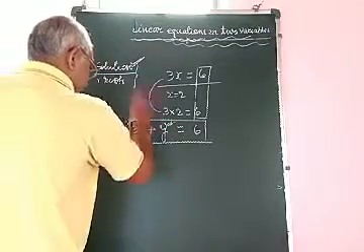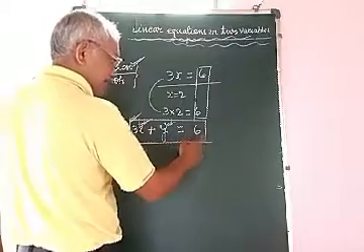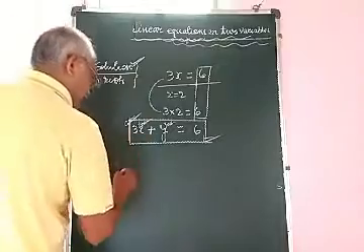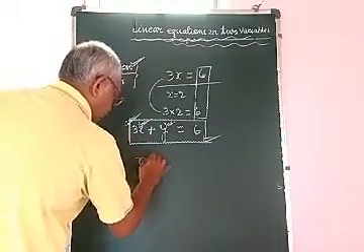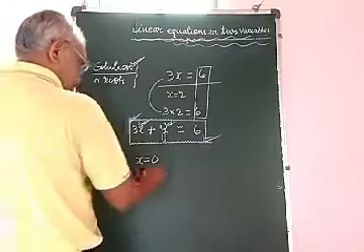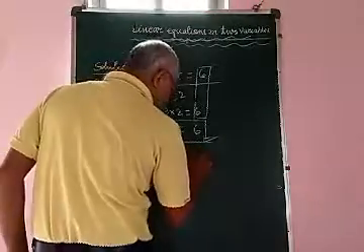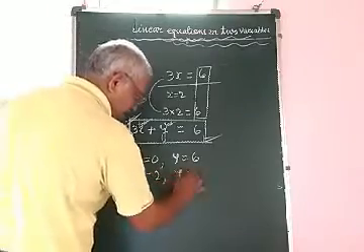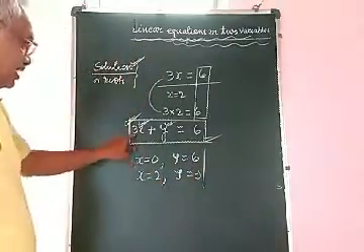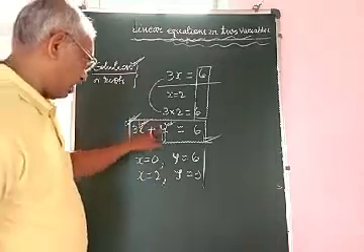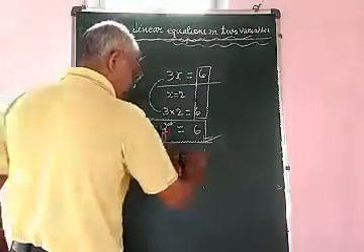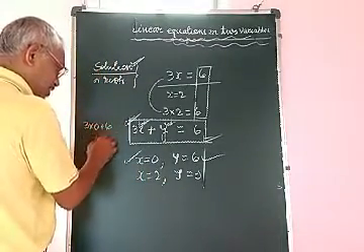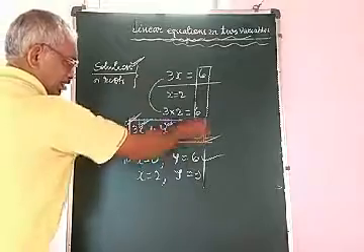Here is a given equation 3x plus y is equal to 6. This is a linear equation in two variables. If we put x is equal to 0 and y is equal to 6, this satisfies the given equation. 3 into 0 plus 6 is equal to 6 and the right hand side is also 6.